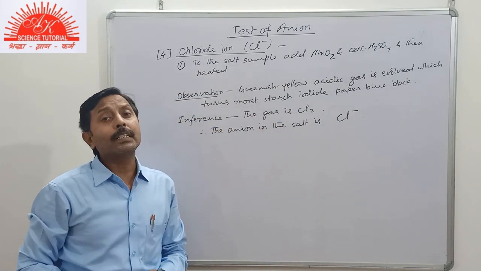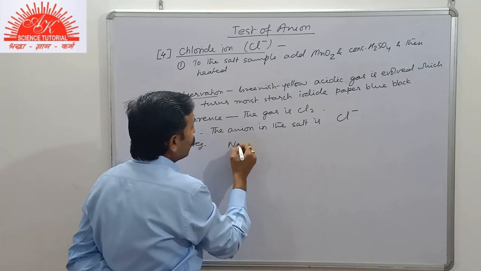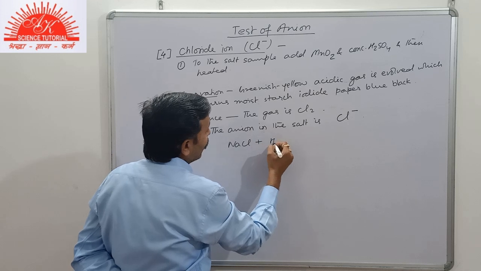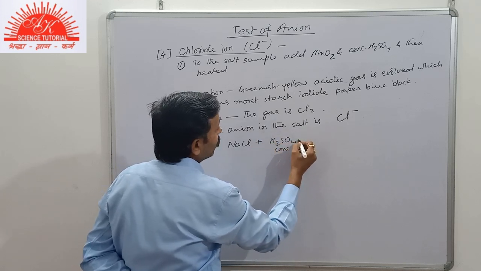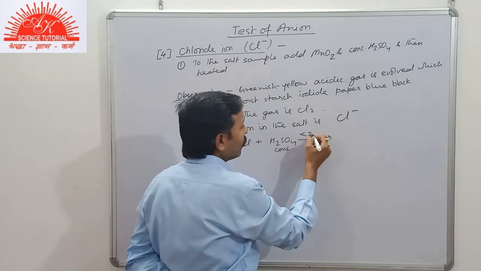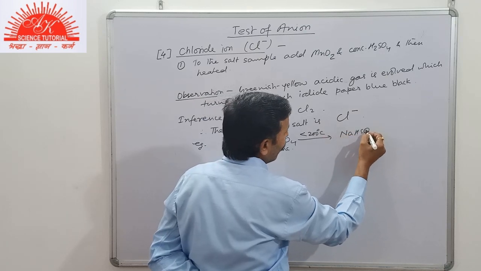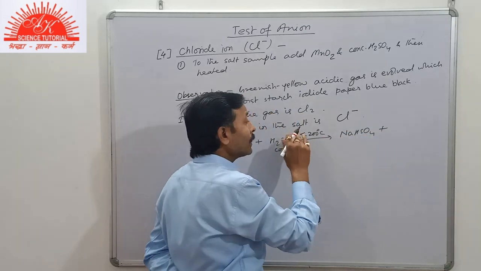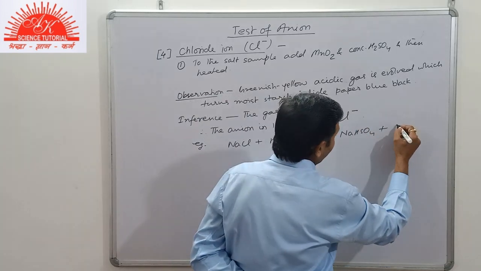Actually, how is the reaction taking place? For example, suppose we have NaCl. It is heated with concentrated sulfuric acid. If the temperature is kept below 200 degrees Celsius, the reaction will be easier, but even above 200 degrees Celsius the reaction will take place.